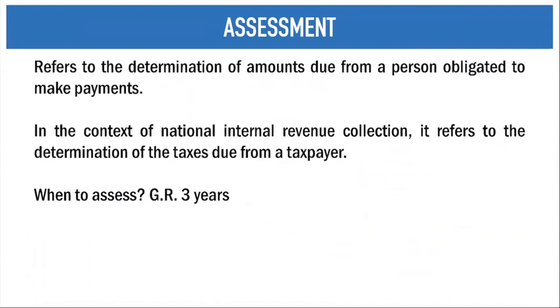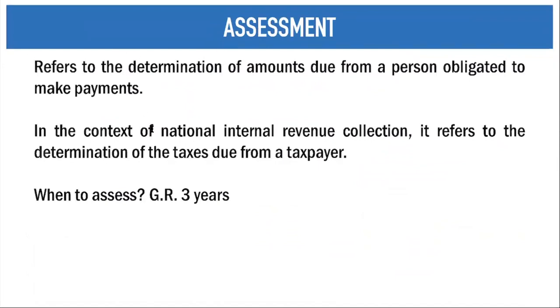Then after your functions of the BIR, we go to your powers of the CIR, which we already finished. And lastly, we go to your assessment process or the assessment made by the BIR. So we go now to your assessment.